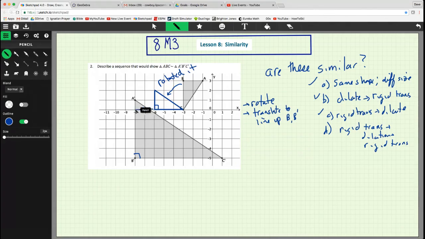So we're going left 2 and down 5. Okay, so that we now have this triangle going to go here. This one's going to go left 2 and down 5, and this one's going to go left 2 and down 5.